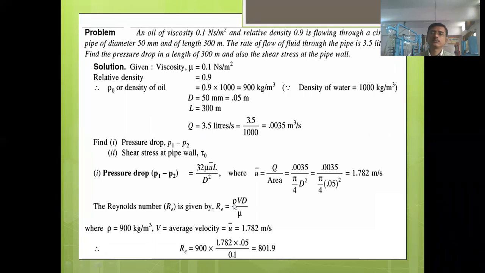Find the pressure drop in a length of 300 meter and also the shear stress at the pipe wall.